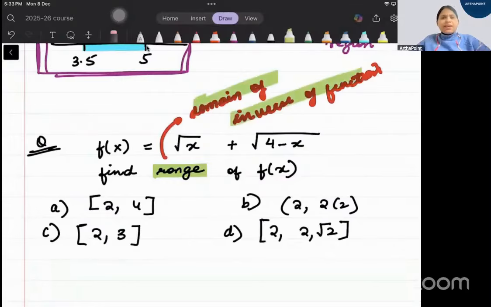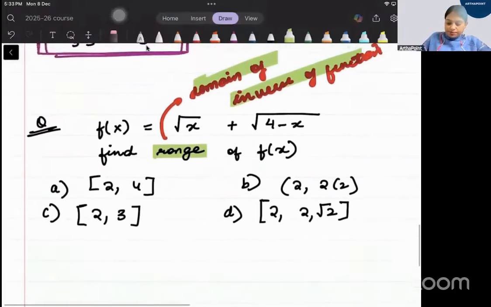You think of something else. You have to think of the values of y that you can get. Simple. What is range? Range is the value of y that you go ahead and get. When you put certain x, what y you get, that becomes the range of the function. So just think about it.